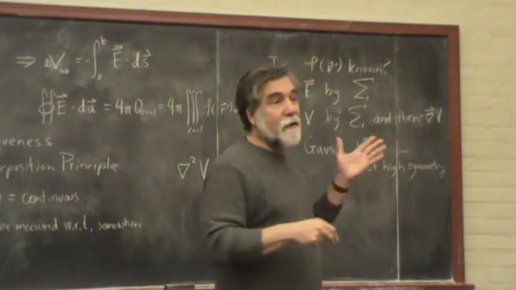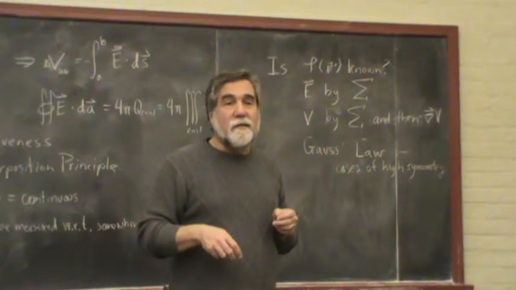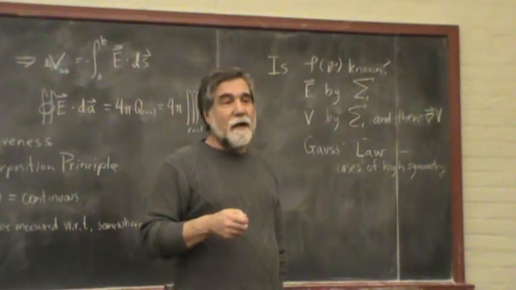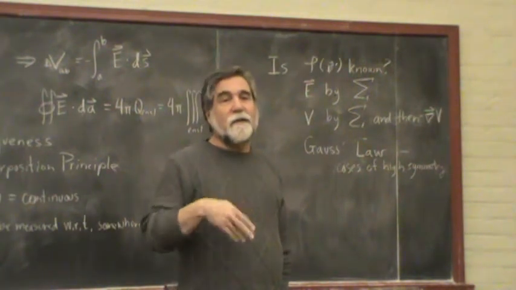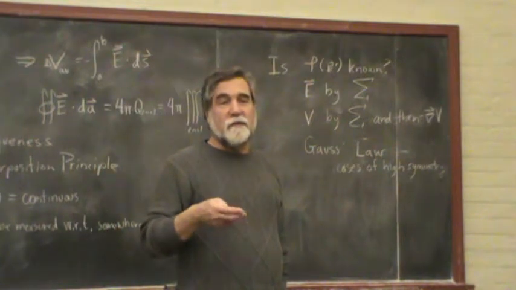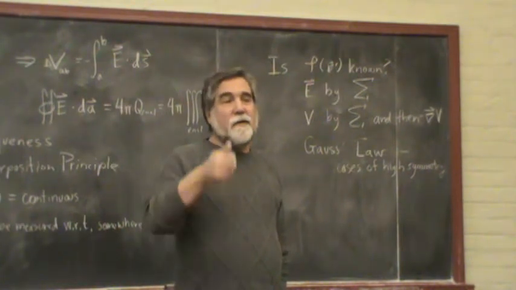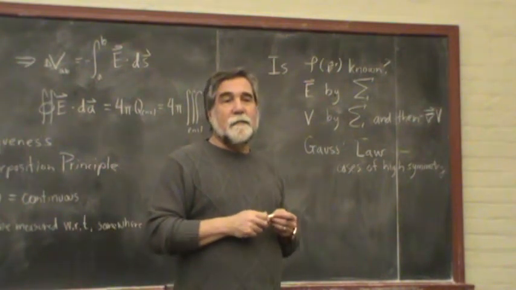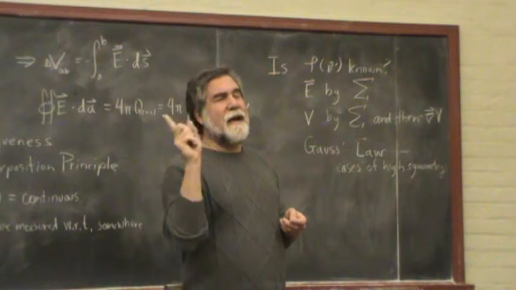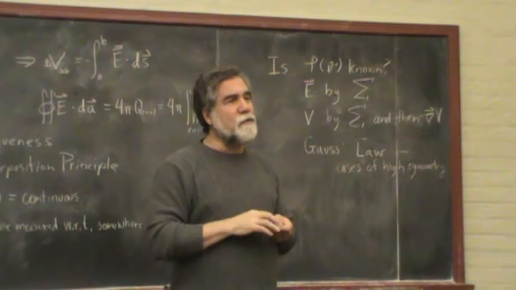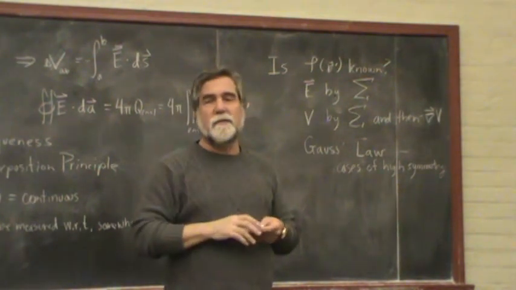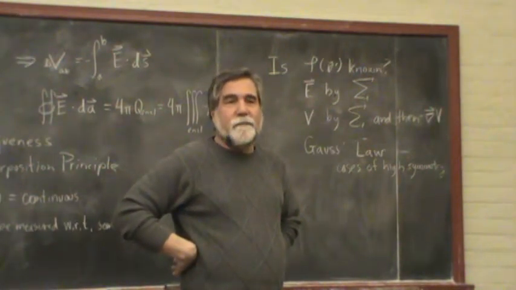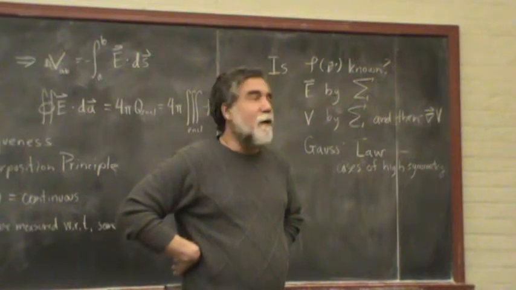But there are a few special cases where Gauss's law is useful. Spherically symmetric distributions, linear and coaxially symmetric distributions, where you've got complete azimuthal symmetry, and infinite linear distributions.